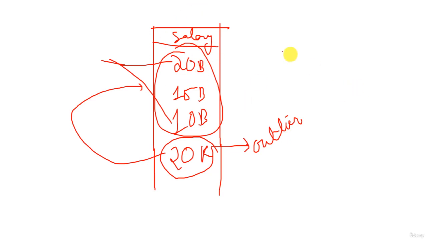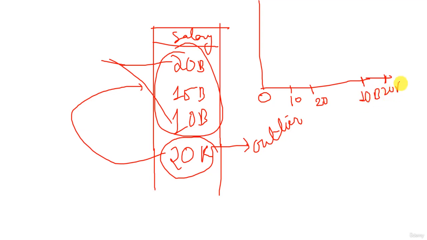In this case, most of the people have bigger salaries. Let's say this is 0 salary, then 10k, 20k. Similarly, here I have the billionaire salaries: 10 billion, 20 billion, 30 billion, 40 billion, and so on.